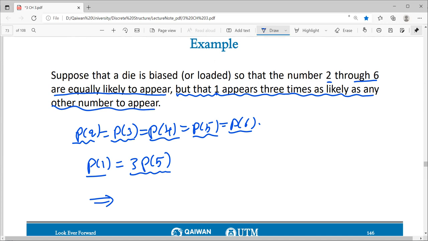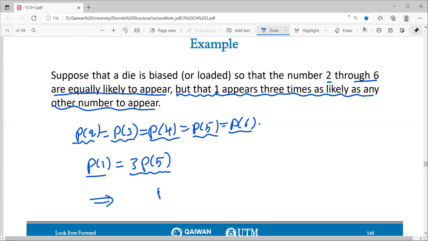Okay? And we say the sum of all probabilities is 1. It must be 1. That means here in rolling a dice, we have 6 probabilities: 1, 2, 3, 4, 5, and 6. So the sum of all these probabilities is 1.